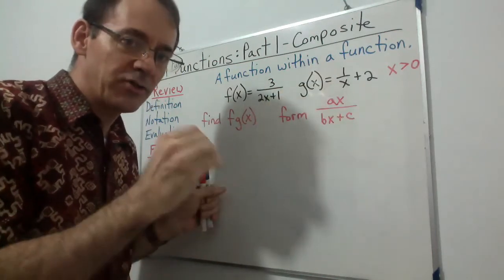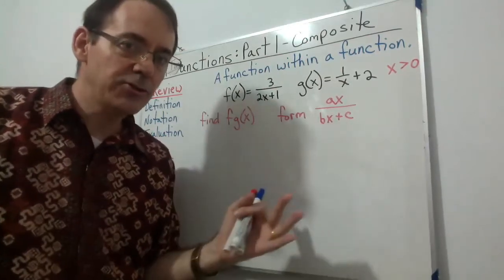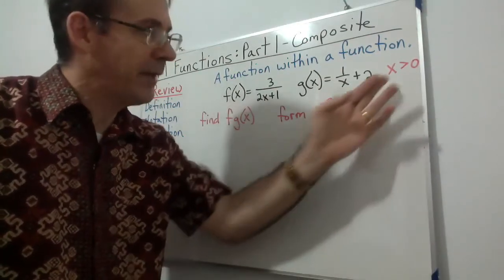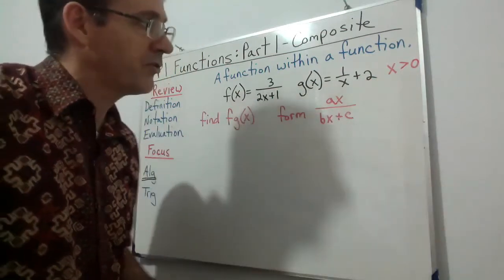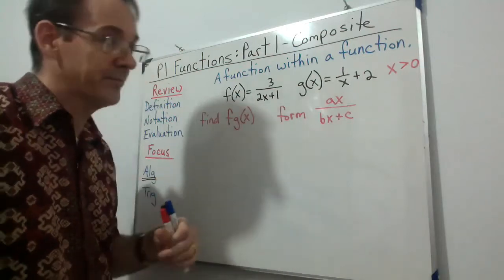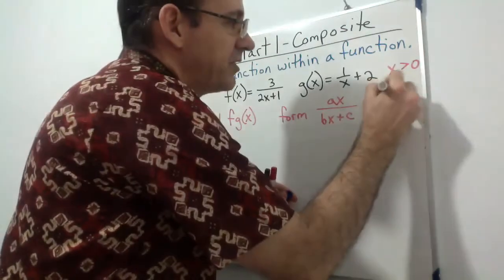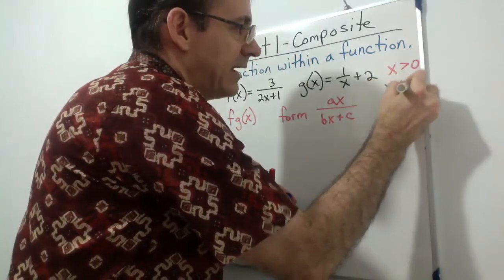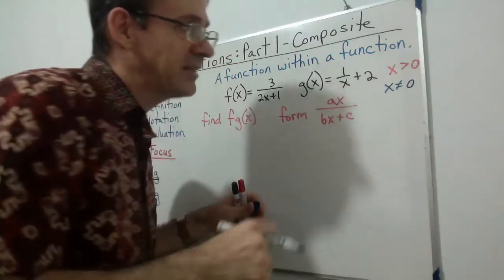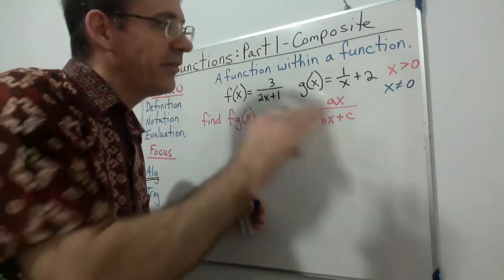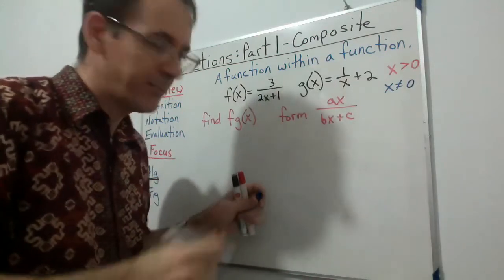So 0 is one number on your number line that is excluded from the domain. The domain are the possible values that you can plug in for x. So 0 is not one of them. To avoid that, they could have said just x cannot equal 0 if they wanted to. But they just chose to say x greater than 0, meaning they're only taking positive values for this particular example.